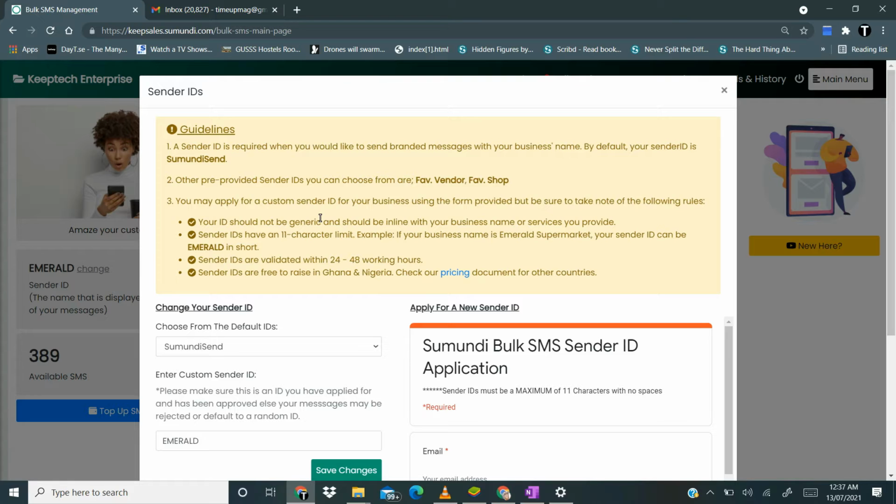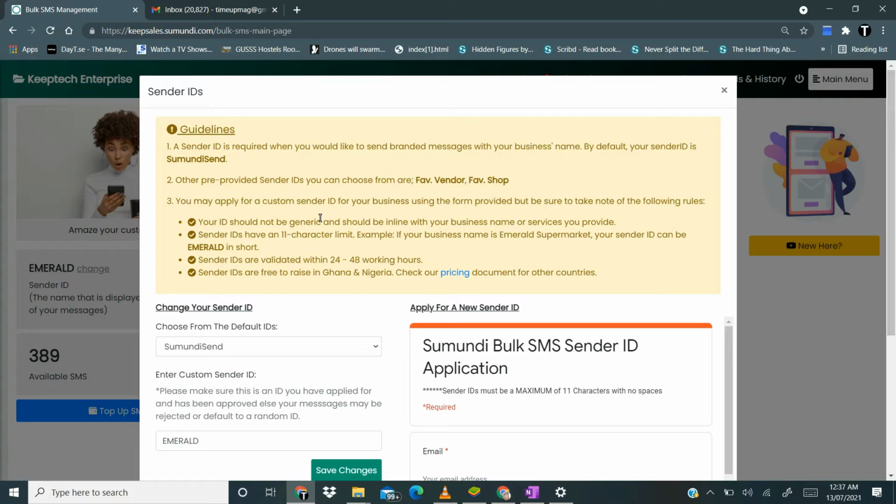The second guideline is that other pre-provided sender IDs are available for you to choose from. The examples are fav.vendor or fav.shop. It adds up to the default IDs that are available.